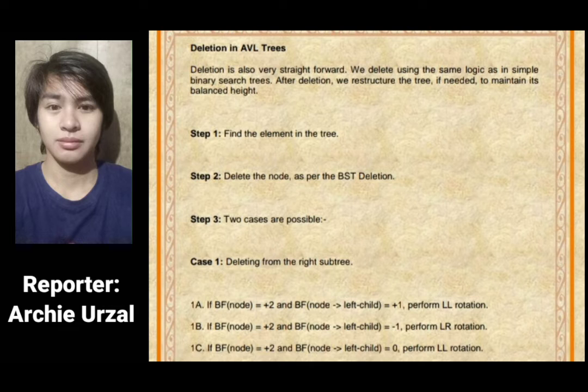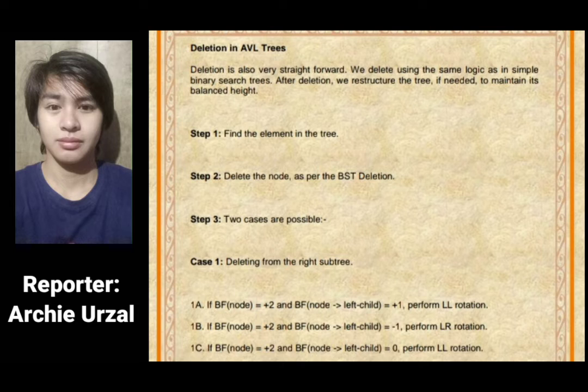So after deleting an element in the tree, if it is needed to make the tree balanced, we need to restructure it and calculate the balance factor of the node to determine whether it is balanced or not. And if it's not balanced, we can use the AVL rotation to make the tree balanced.